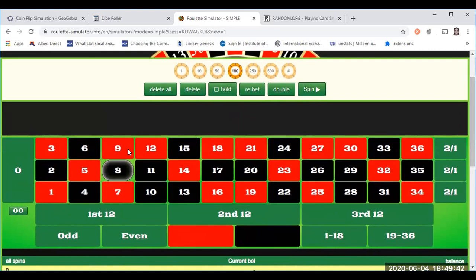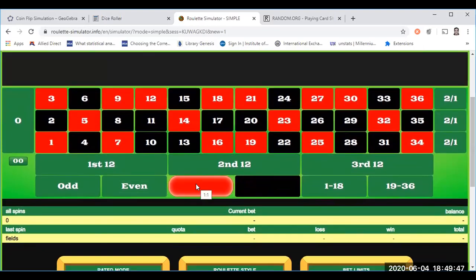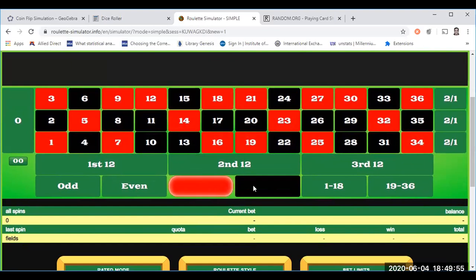But the chance for that has to be low. If I put my numbers on red or black, because half of them are red and half are black, there's a 50-50 chance that I win or lose. So if I win, I double my amount. If I put $100 here, if I win, I will get 200.